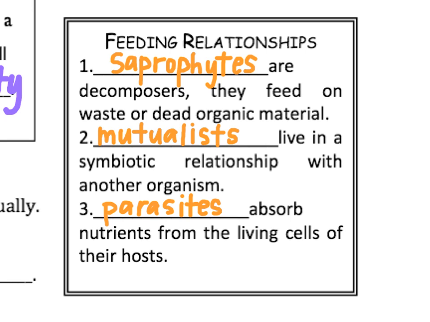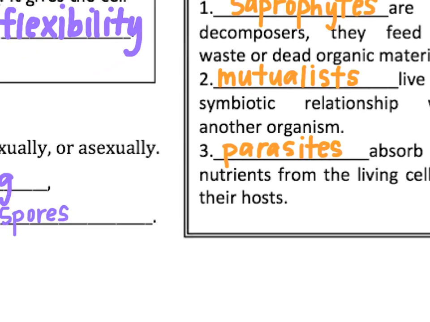So sometimes, instead of actually decomposing dead material, they can work together with another organism to get food from it, but without harming it. And then the last type of feeding relationship are parasites that absorb nutrients from the living cells of their hosts. So parasites are usually thought of in a negative way because they sort of rob the host cells of their nutrients without doing anything to benefit the other organism.